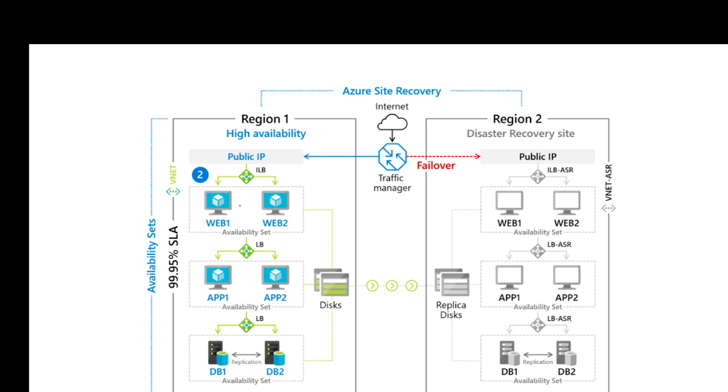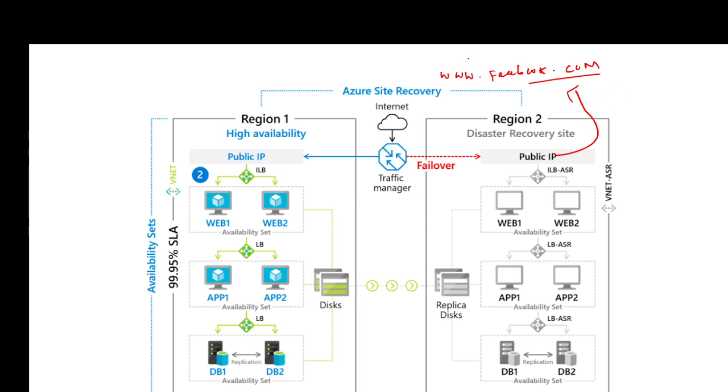For example, if they are accessing the application using www.facebook.com, even during the DR they will use facebook.com only. But whenever we call the DR, we have to add the public IP of the disaster recovery region.